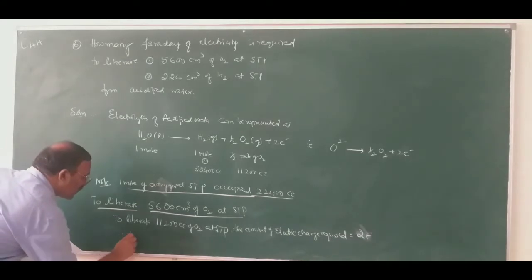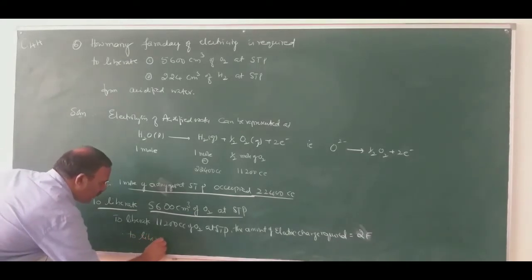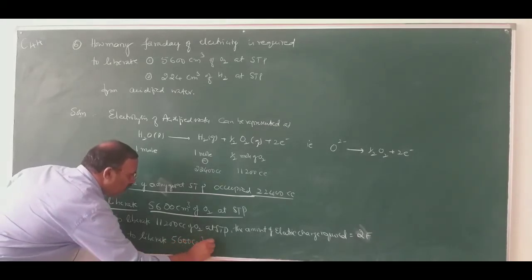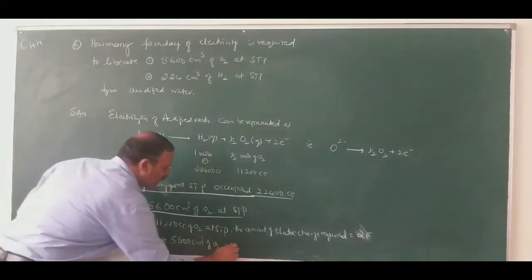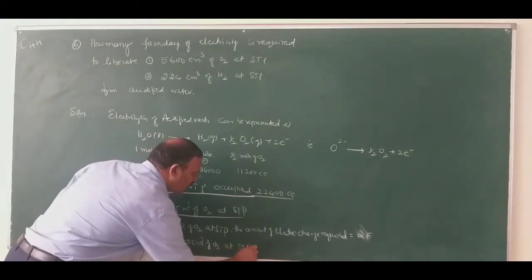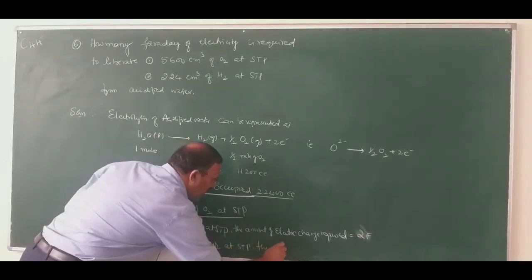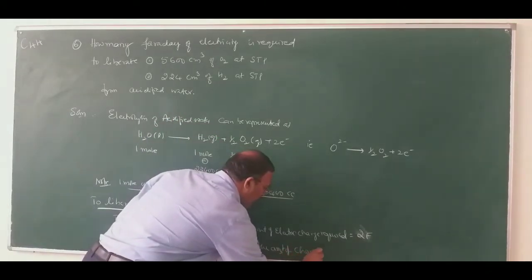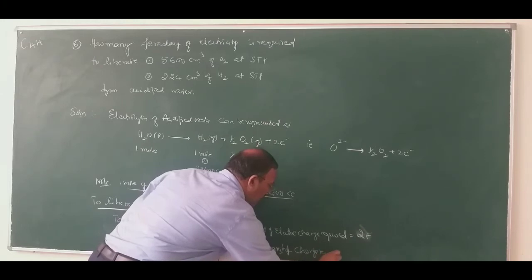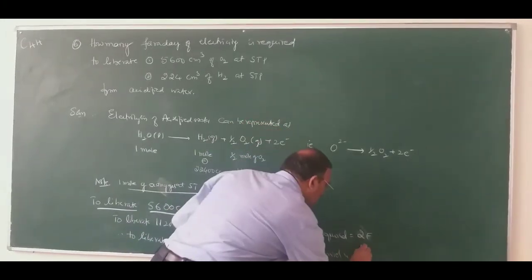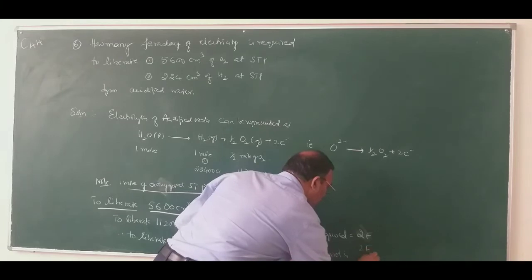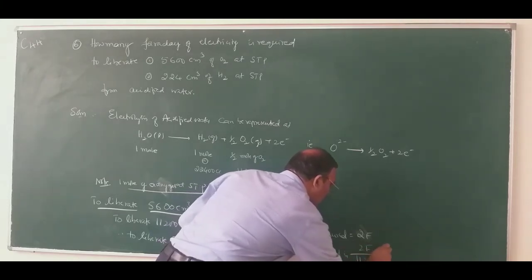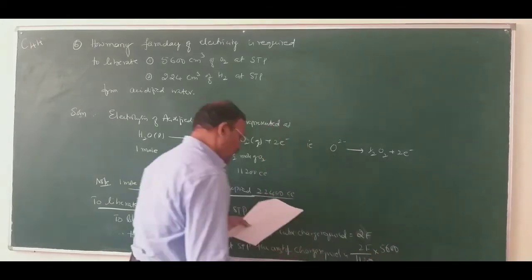Therefore, to liberate 5,600 cm cube of oxygen at STP, the amount of charge required is 2 Faraday divided by 11,200 into 5,600.